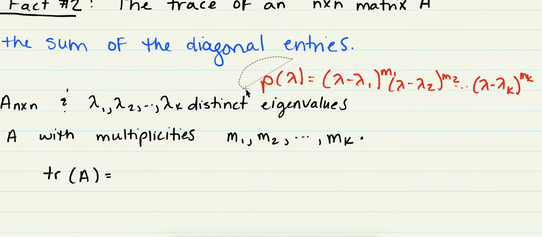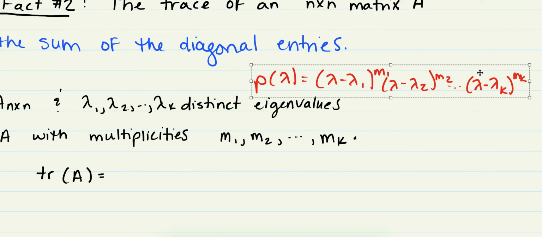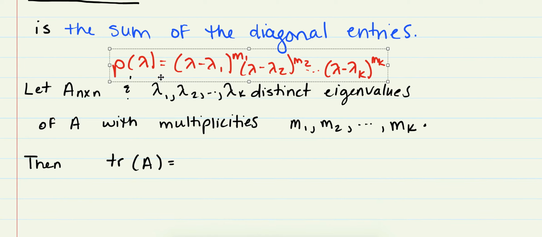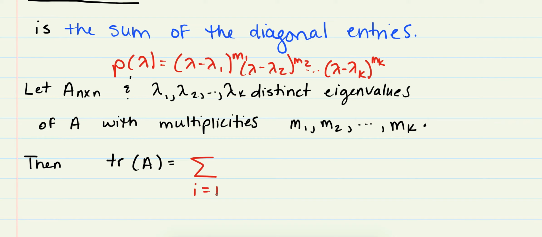So if this is our characteristic polynomial, then the trace of the matrix A is just the sum from i equals 1 to k of m_i times lambda_i.